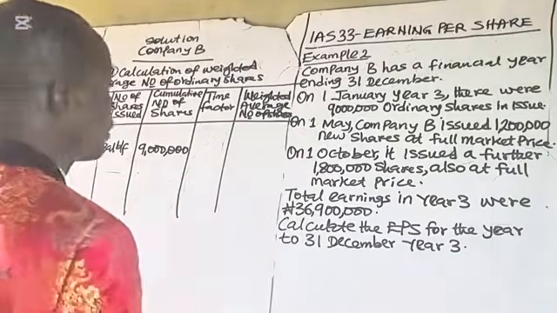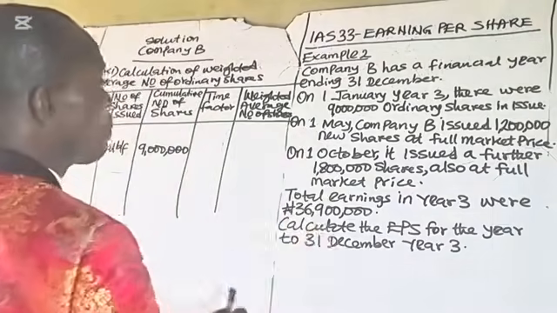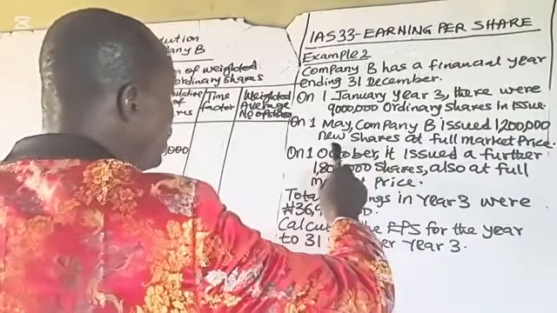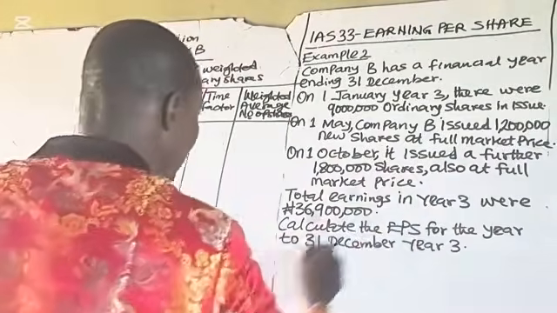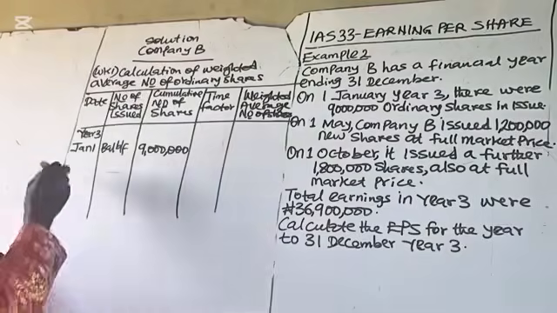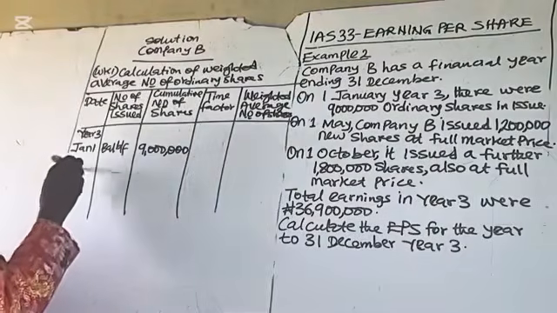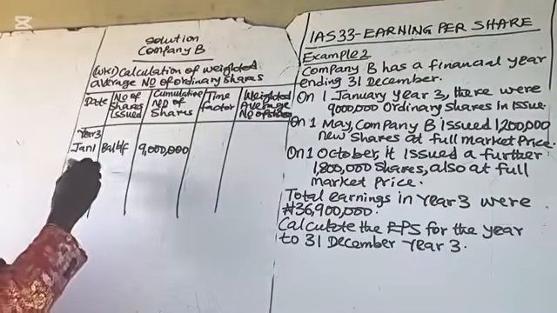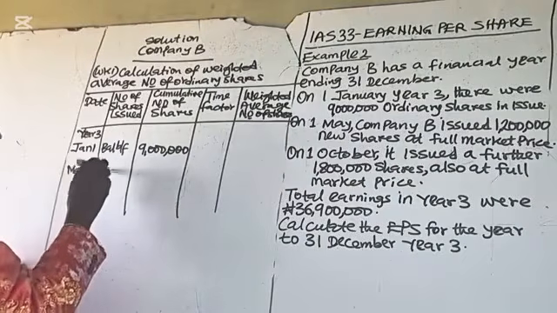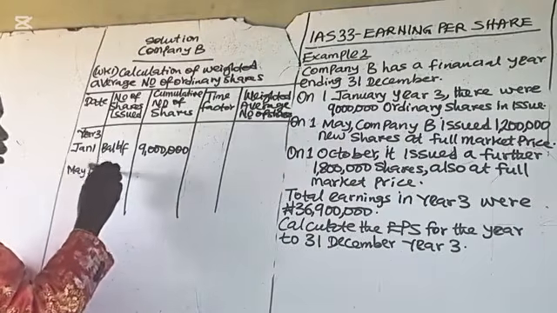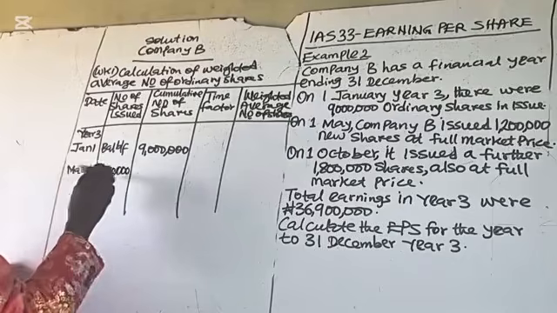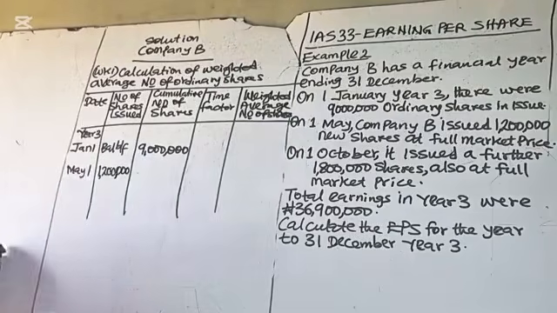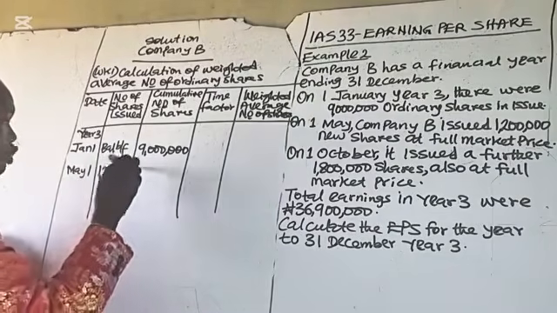On 1st of May, Company B issued 1.2 million new shares at full market price. May 1st, they issued 1.2 million. So the cumulative number of shares in May increases to 10.2 million shares.